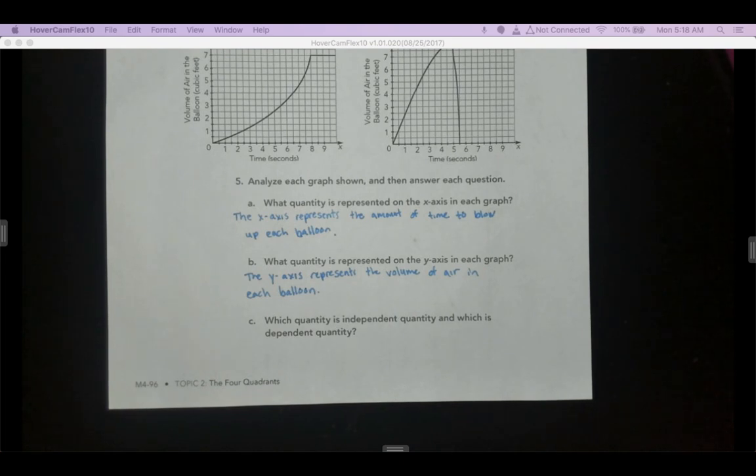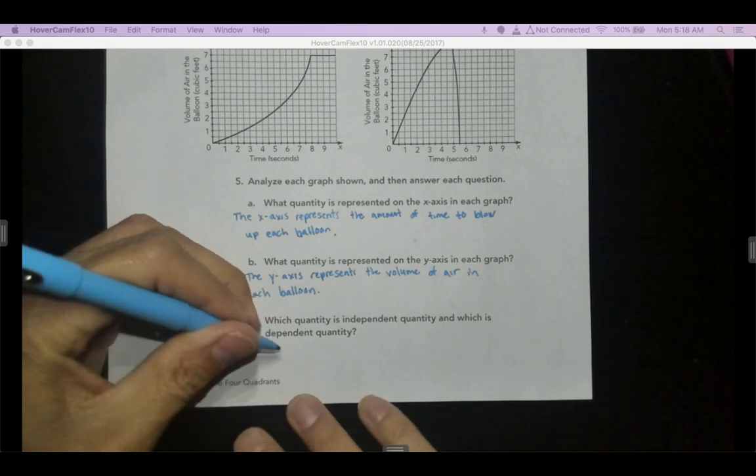C. Which quantity is the independent quantity and which is the dependent quantity?